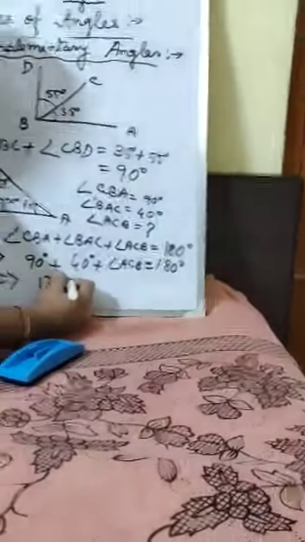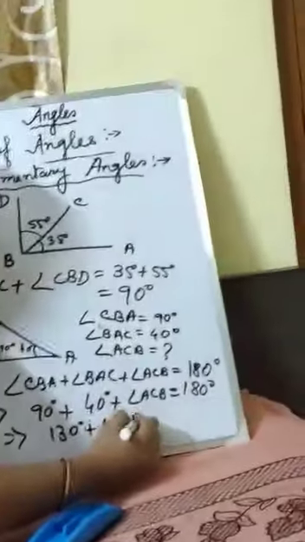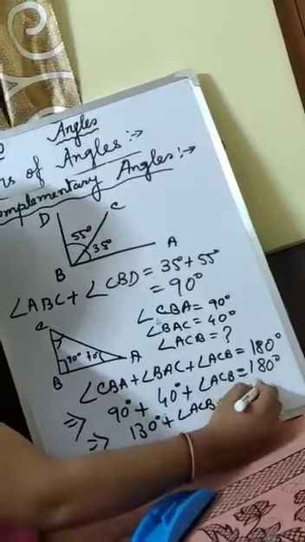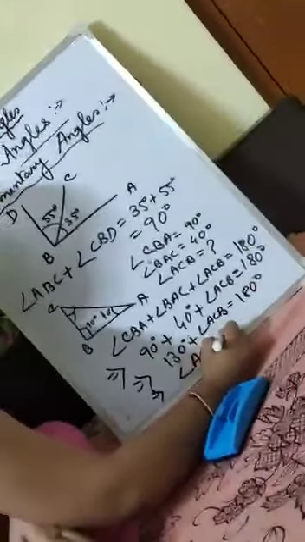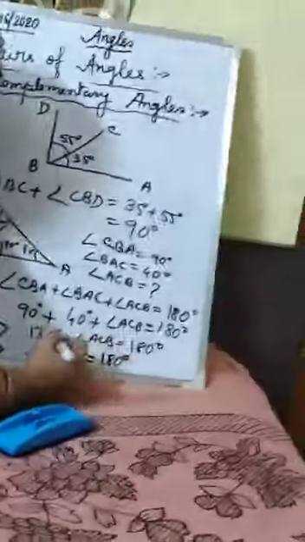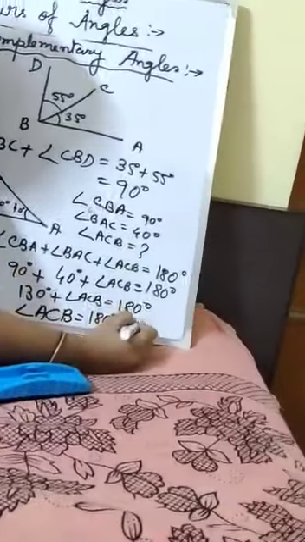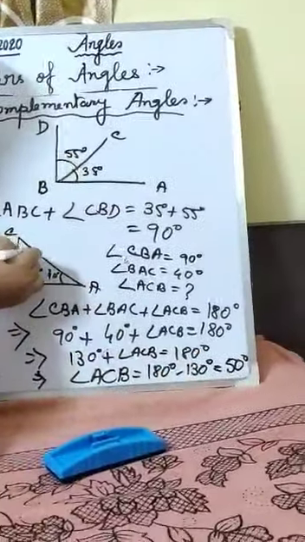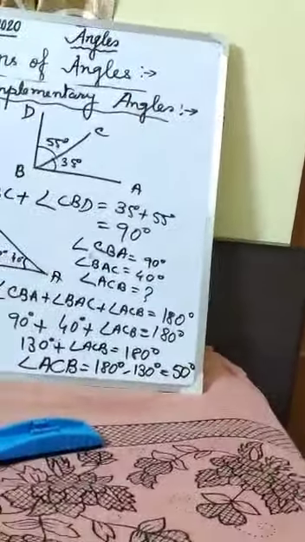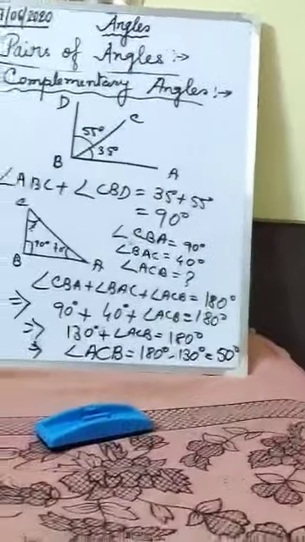Right? 130 degree plus angle ACB equals 180 degree. So next step, angle ACB equals 180 degree, side change, so minus 130 degree. So the value is 50 degree. That means this angle will be 50 degree. Okay.